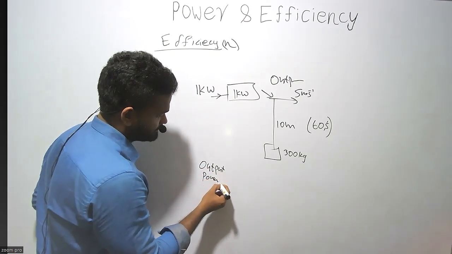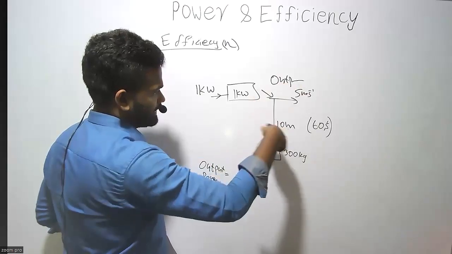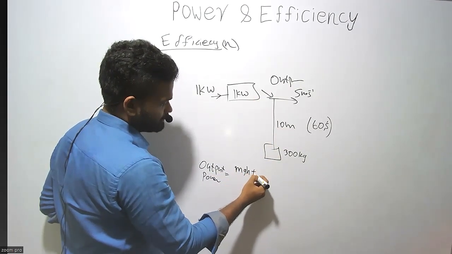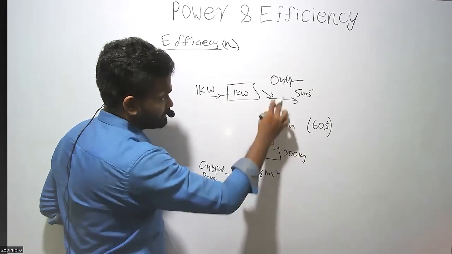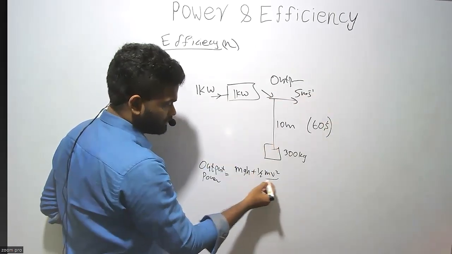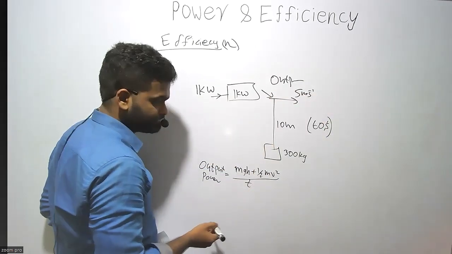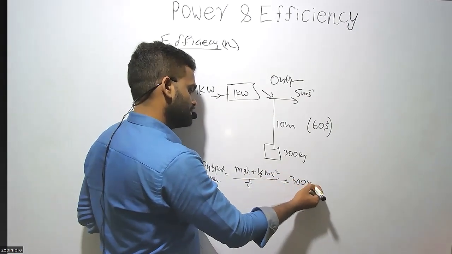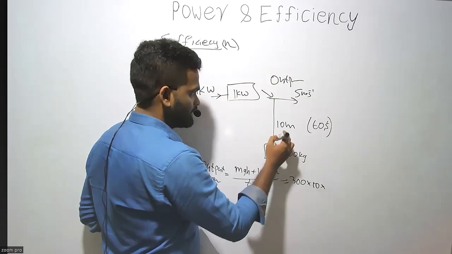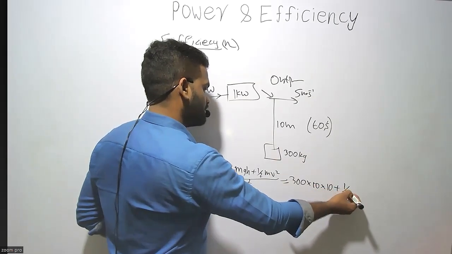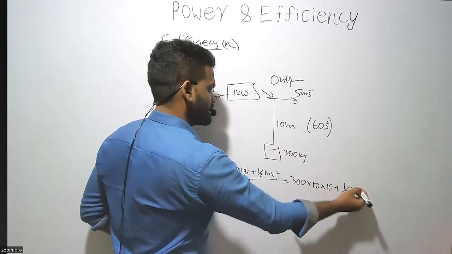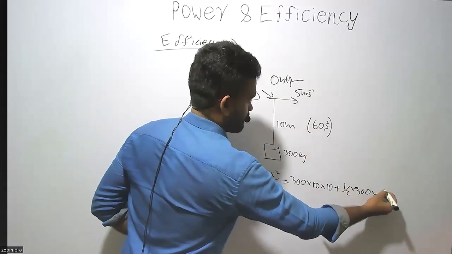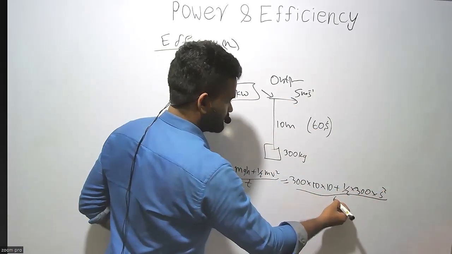Power. Energy here is mgh plus kinetic energy, as it is given. Then you need to divide it by time. So mgh: mass is 300, g is 10, h is 10, plus half, mass is 300, velocity given is 5. Then divide the whole thing by 60.